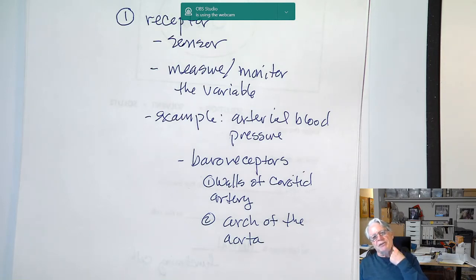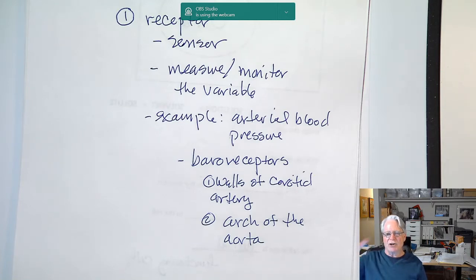And when it reaches about this level right here, it splits into the external and internal carotid arteries. The internal carotid arteries supply blood to the inside of the skull. The external carotid supplies blood to the outside of the skull, all the face, tissues, and the muscles and the skin and so forth. But right where it splits, there are these baroreceptors measuring the pressure inside that artery right there. The arch of the aorta is the major artery that comes out of the heart. It comes up, straight up, and then it does this big arch and drops down through the thoracic cavity and the abdominal cavity.